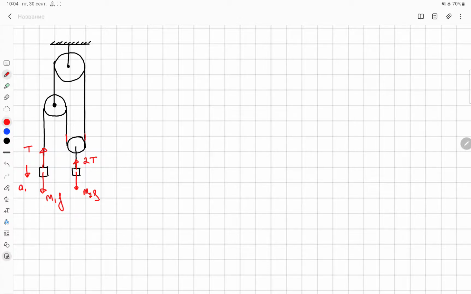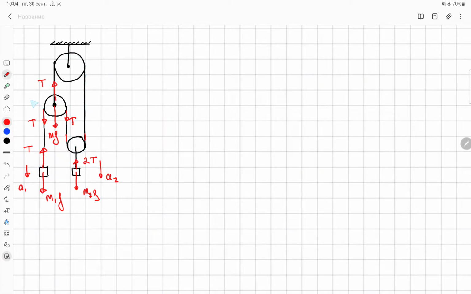So I will assume it will move also downward. If I'm wrong, at the end we should get negative acceleration, a2. And this pulley has mass, so gravitational force downward mg, downward we have a T, here T, and here upward also T, because this is the same rope.